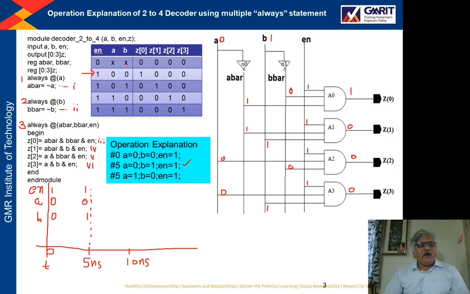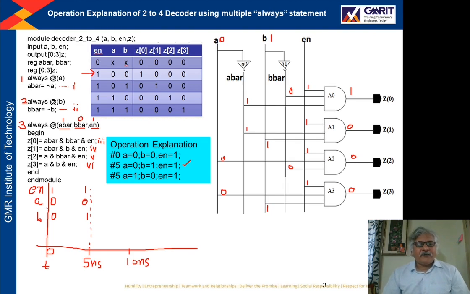Now you see always block number 3. What are the things in the sensitivity list? A bar, B bar and enable. A bar is the same 1, enable is also 1, but the value of B bar, earlier it was 1, has now become 0.